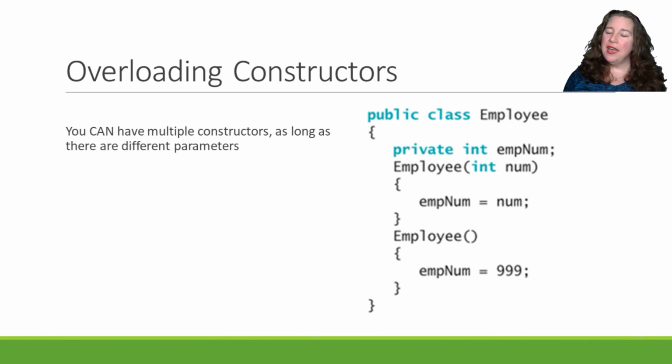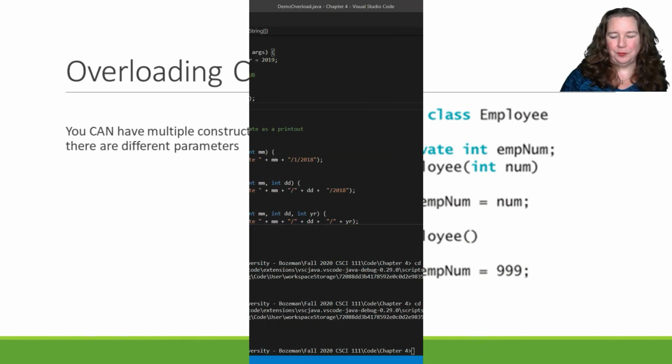That way, depending on what the user wants, they can choose to either add nothing and get the default employee number, or add an employee number at that point. Overloading constructors is probably one of the most useful things that you're going to be doing in this chapter, with overloading methods and adding parameters to your constructors.